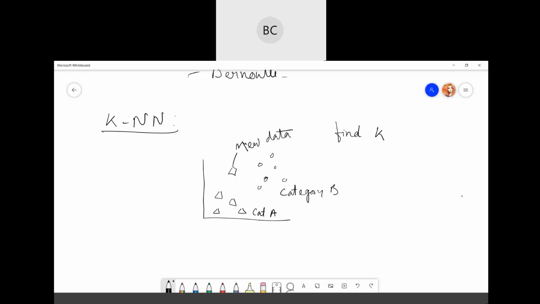So how do you decide on K? What K value to choose? How do you decide it?